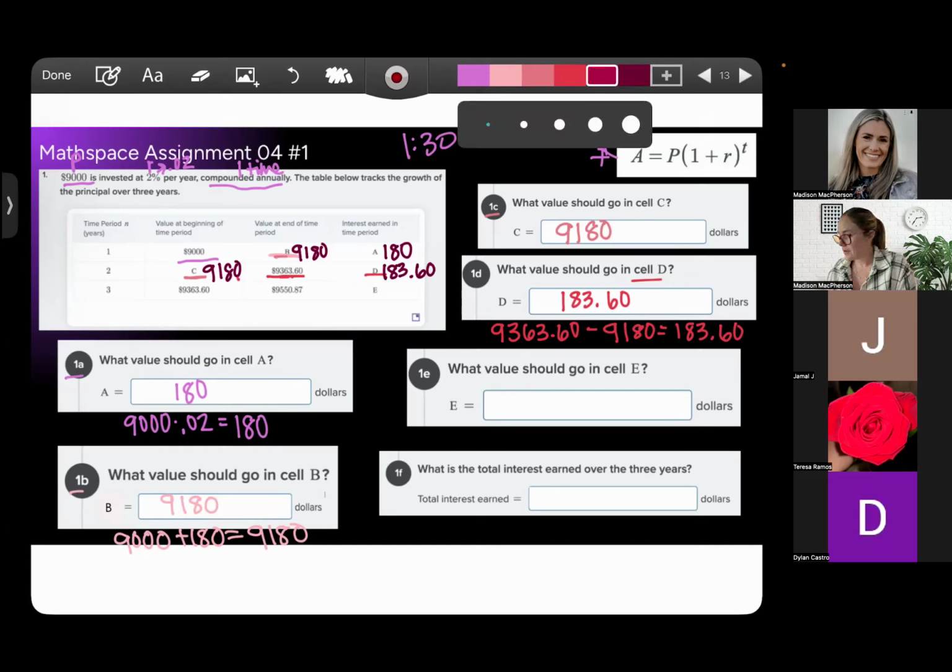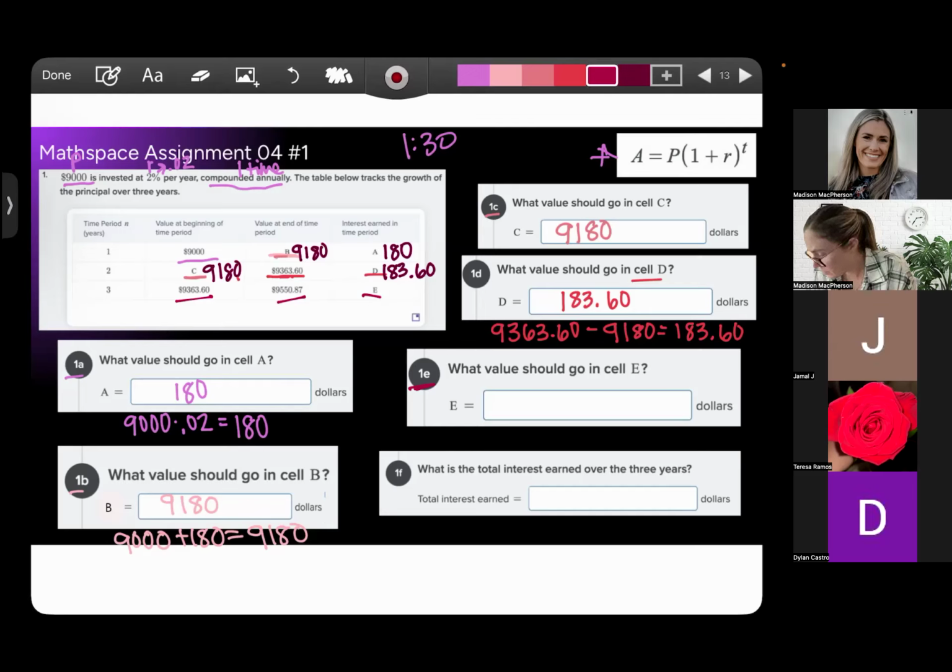Okay, and lastly, what value should go in cell E? So now we're looking at this one here. Well, we started with 9,363.60. Now we have 9,550.87. So again, we're just finding the difference. So 9,550.87 minus 9,363.60.